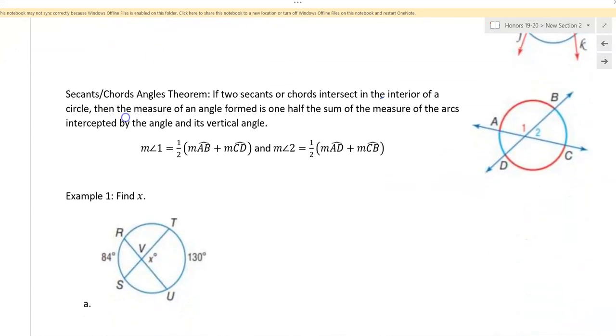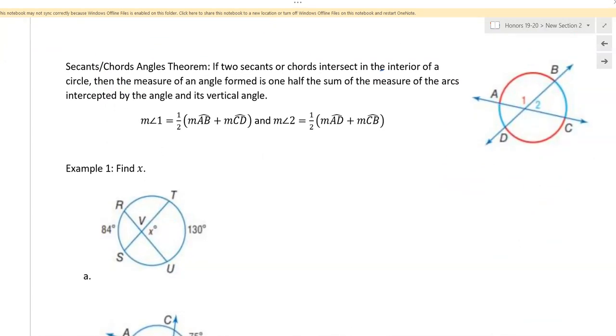So the first theorem we're going to look at today is the secants/chords angles theorem. If two secants or chords intersect in the interior of a circle, then the measure of an angle formed is 1/2 the sum of the measures of the arcs intercepted by the angle and its vertical angle.